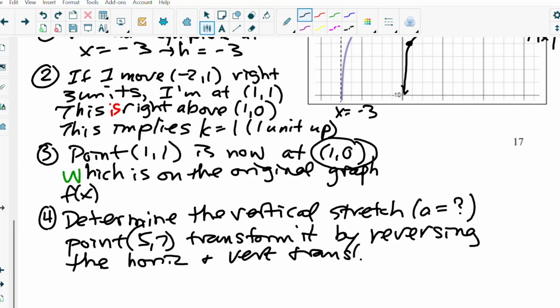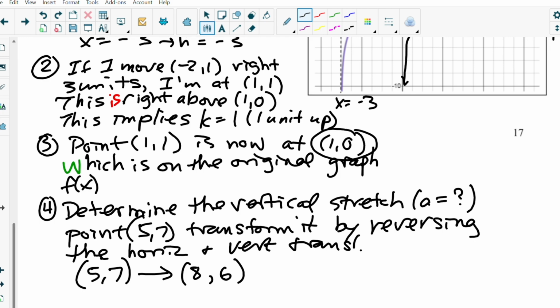So if I had h value of -3, it becomes, so I'm going to back it out. Instead of going left 3, I'm going to go +3, right? Because the transform one went left 3. I'm going to add it back. And then the vertical, I went 1 unit up. I need to bring it back down to match the graph. So I'm going to reverse it by subtracting 1.